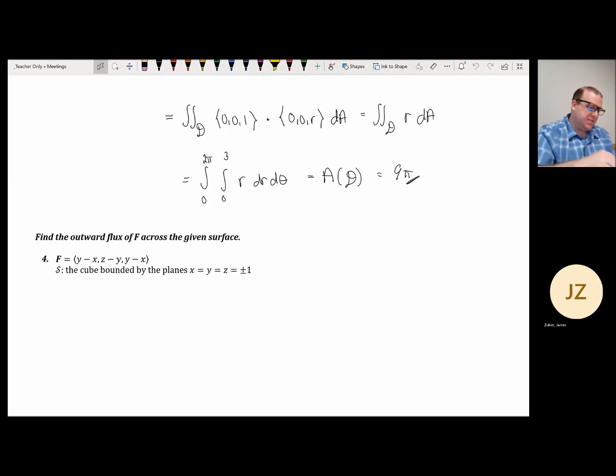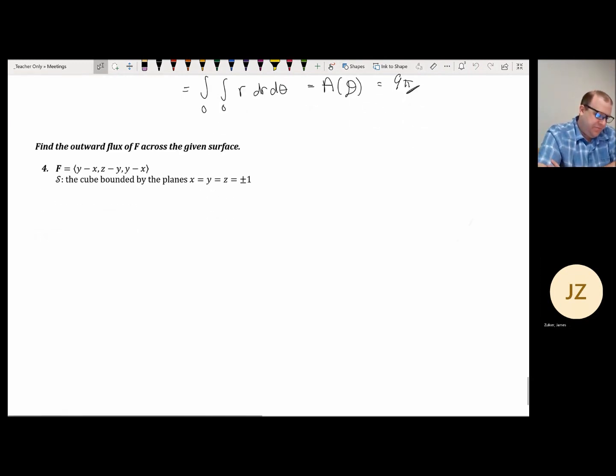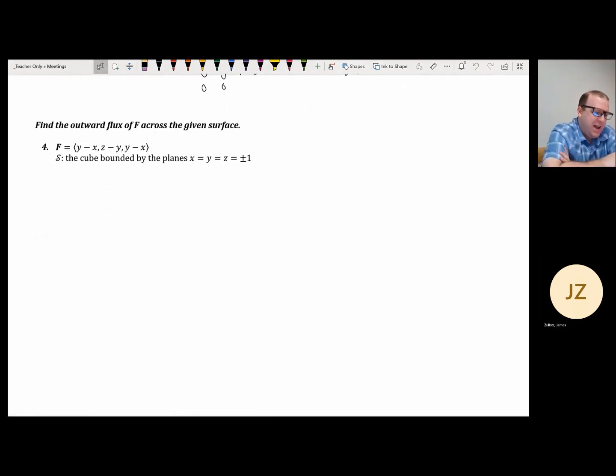Find outward flux across the given surface. So the surface is the cube bounded by the planes plus or minus 1 for x, y, and z.